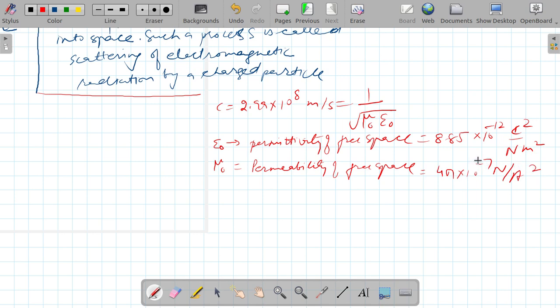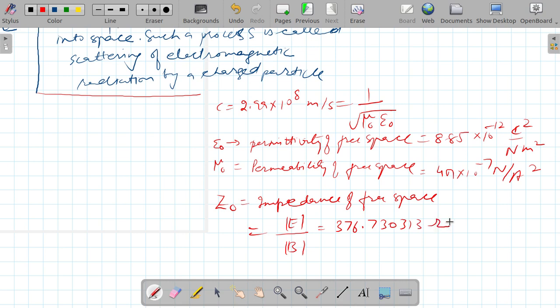In terms of epsilon naught and mu naught, we can express the impedance of free space, and this is simply the magnitude of the electric field over the magnitude of the magnetic field. Its value is 376.73013 ohm, or nearly equal to 377.